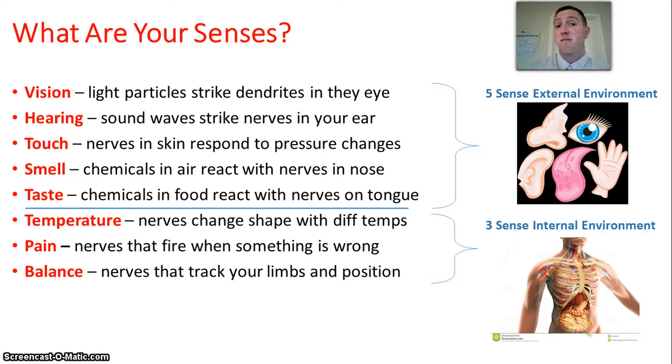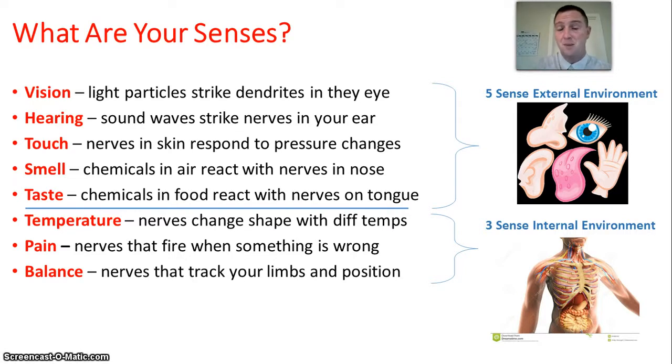Last, you have your sense of balance. You have nerves that track where your hands and your legs and your toes and your body and your head are, even if you can't see, even if you can't hear. I can close my eyes and still know I'm twisting my head side to side. I can still know where my hand is, even though I can't see it, because I have nerves that track where my limbs go and where my head goes.